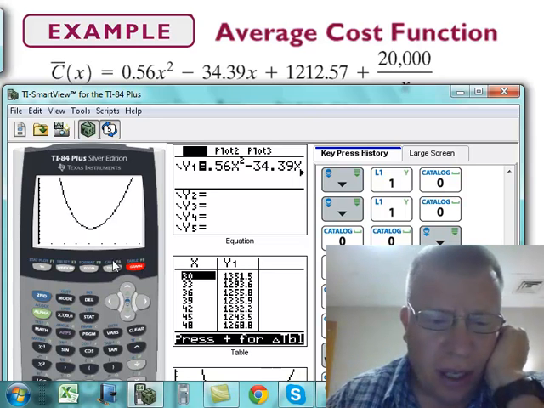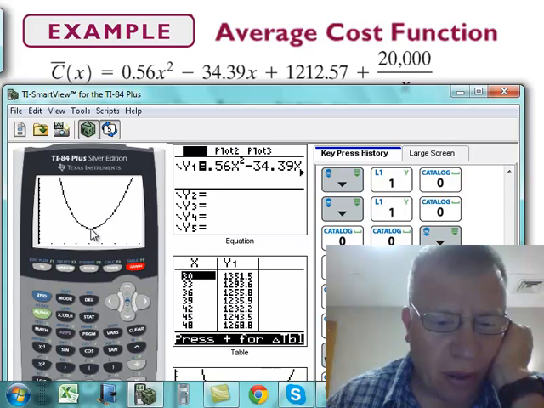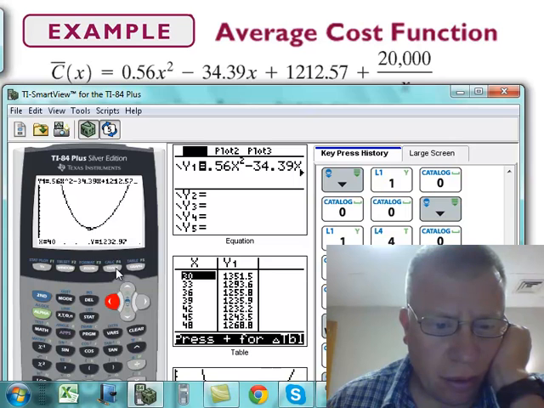And we could see that the minimum is going to happen somewhere around here. And if you want, you can hit the trace button. And you could see when x is 40 that it's pretty close to the minimum value, 41, 42.